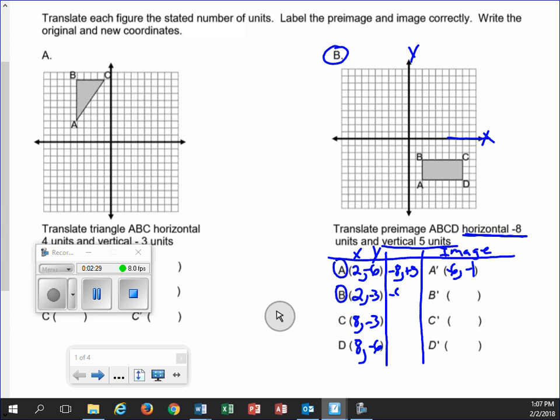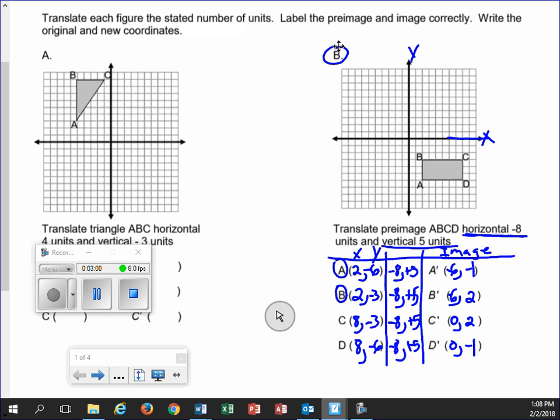If we minus 8 again and add 5, that will give us -6 and 2. One more time, minus 8 and add 5, we will have 0 and 2 again. And one more time, -8 plus 5, and we will have 0 and -1.